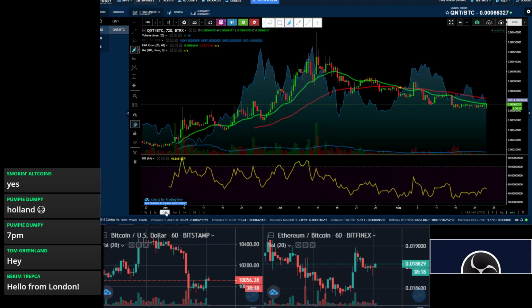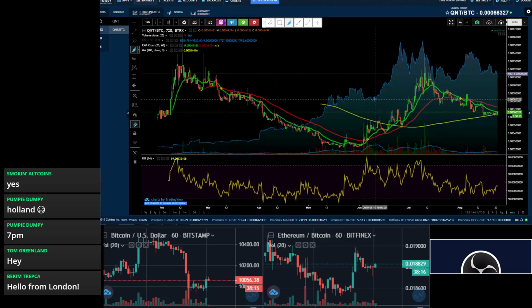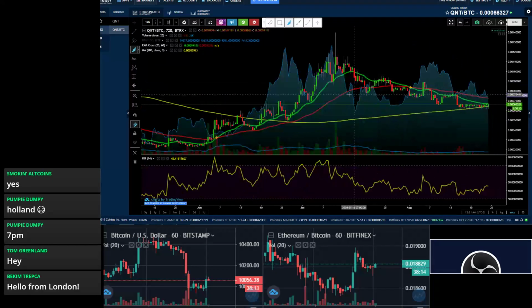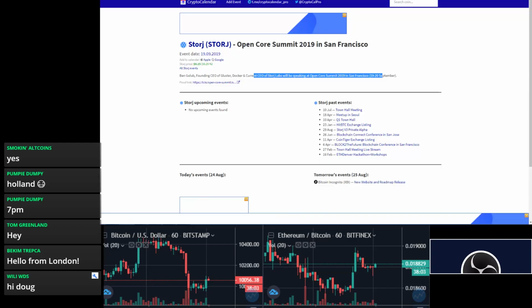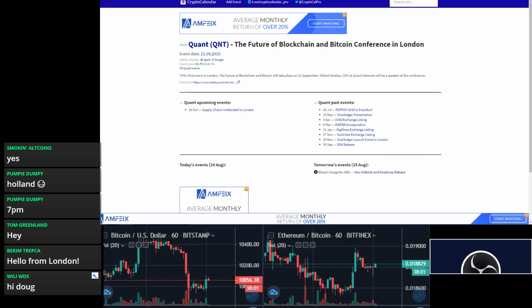It's not traded on Binance. Not going to be one of our margin traded coins. So it's not going to get much attention from me. Let's go back and I'll close storage and Quant.